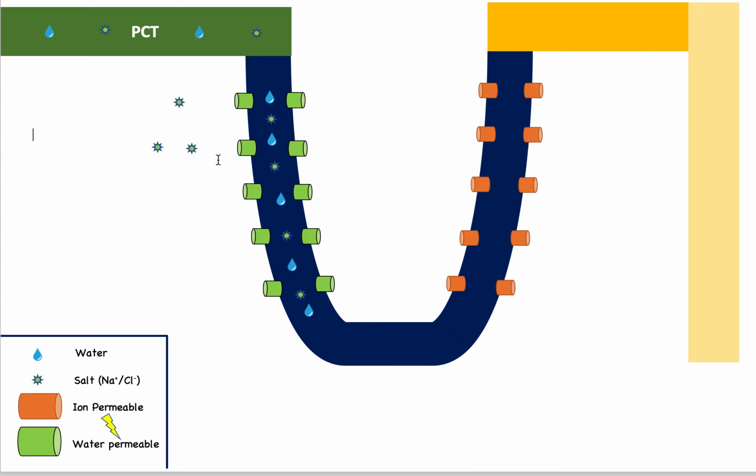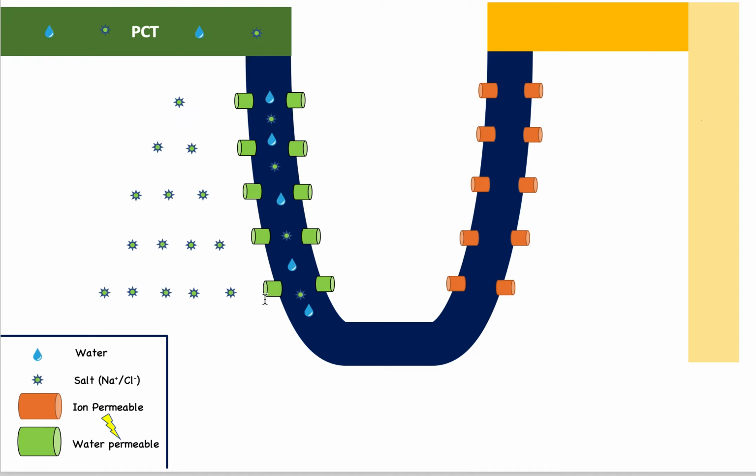So now I put 2 here to represent that everything on this layer, all around, is slightly more concentrated with ions. Now let's move slightly more down. It's going to get even more concentrated, and as we go deeper, it gets more and more, okay? So the lower we go, the more concentrated the area around the loop of Henle is.